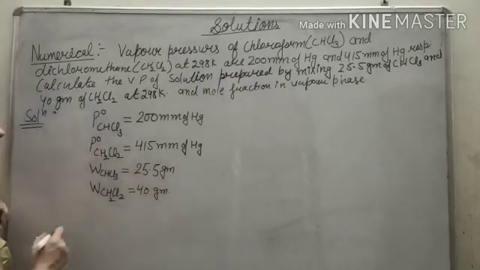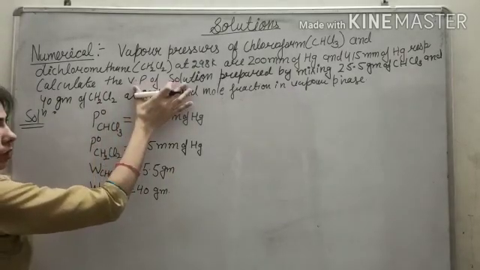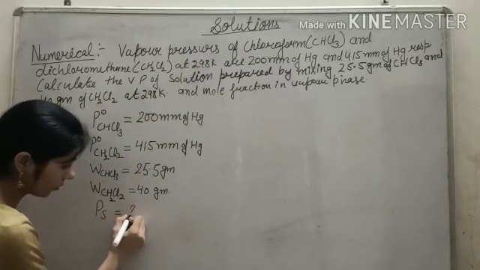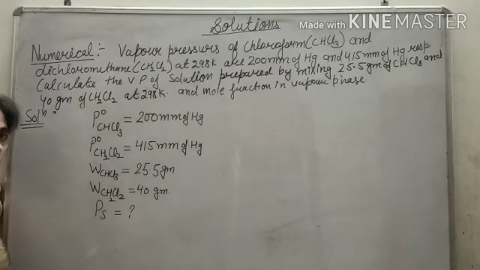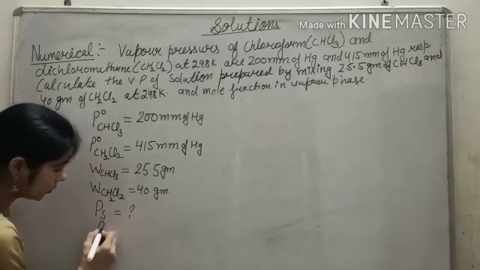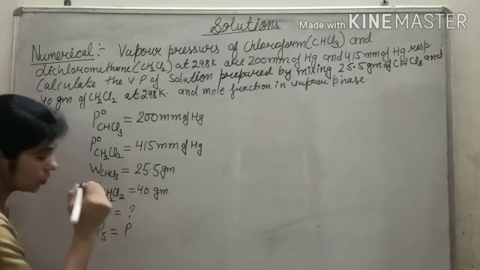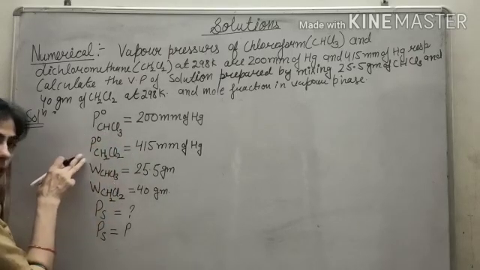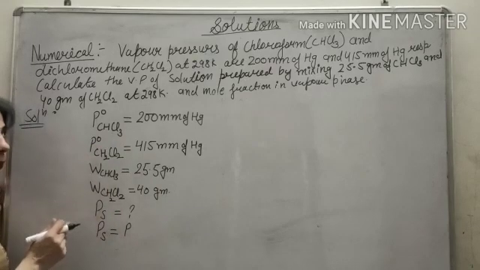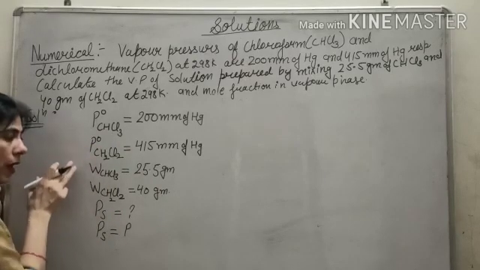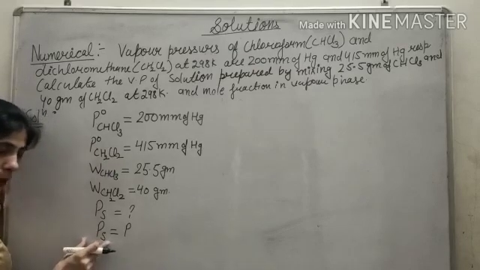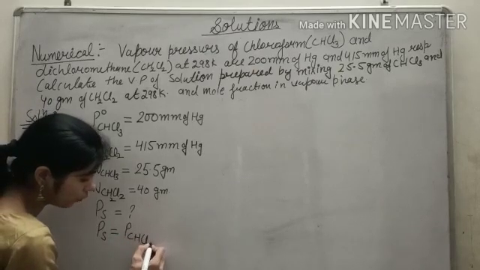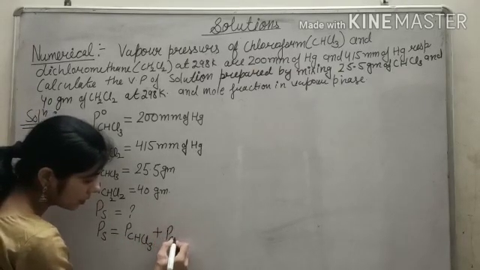In this statement we have to calculate the vapor pressure of the solution. The vapor pressure of the solution is equal to the sum of the partial pressures of chloroform and dichloromethane, as this solution is prepared by mixing chloroform and dichloromethane.